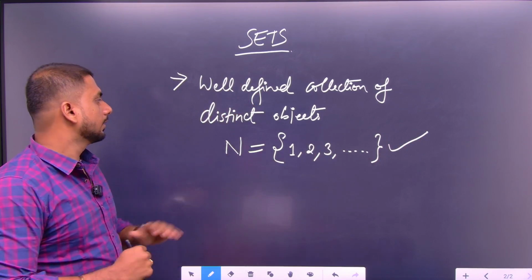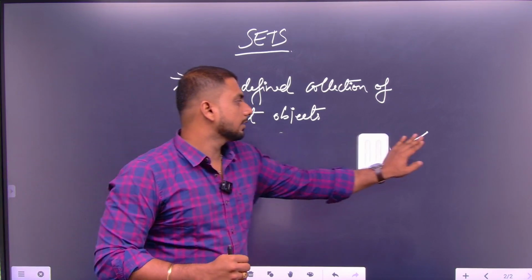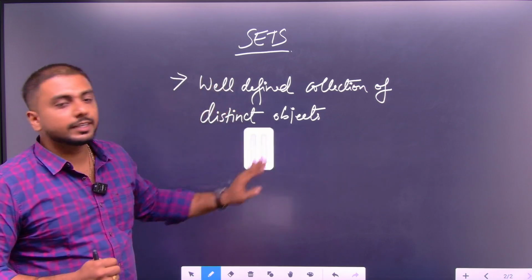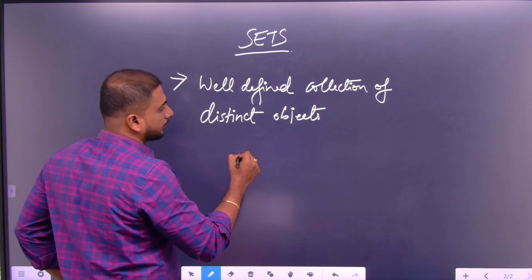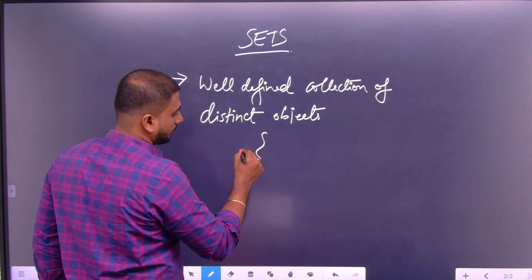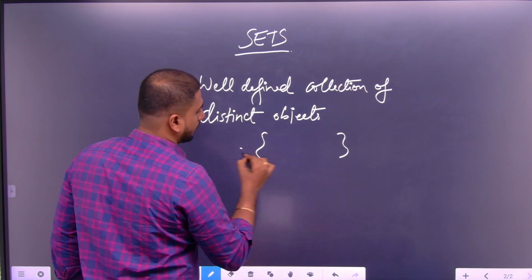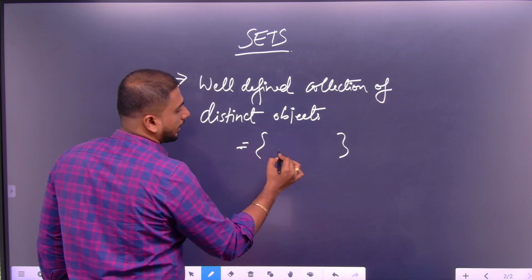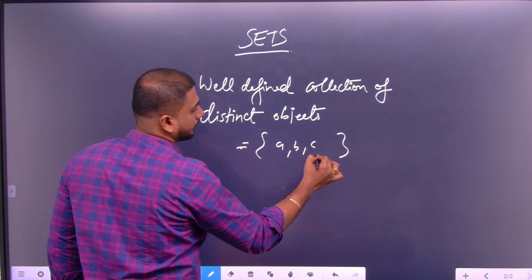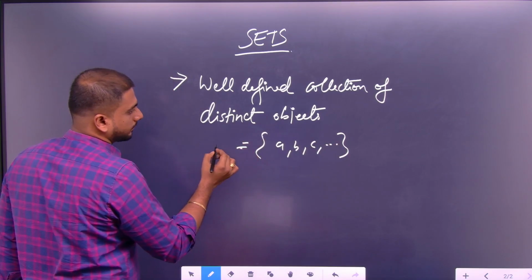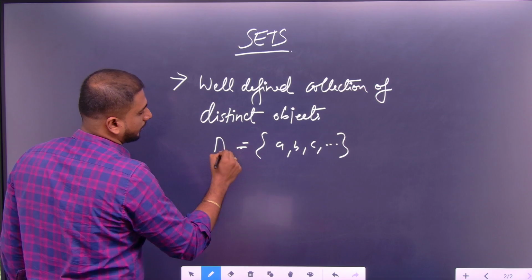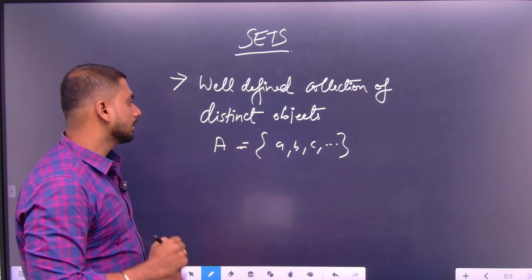Now there are types of writing a set. We have already written a set in terms of curly braces, with elements separated by commas and preceded by a capital letter, for example A in this scenario.